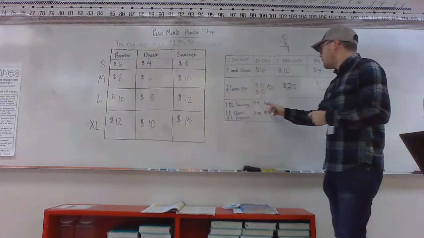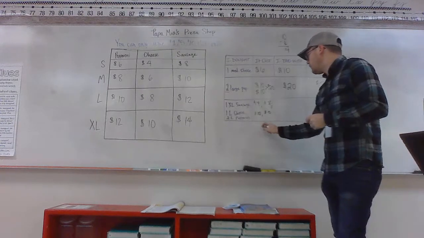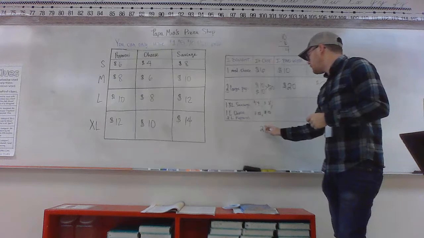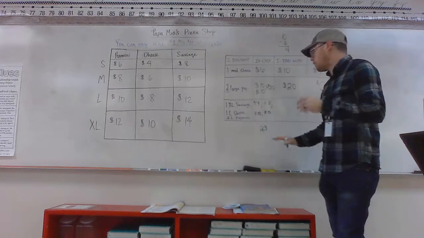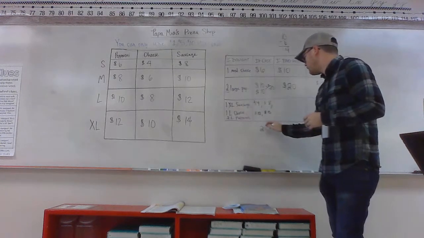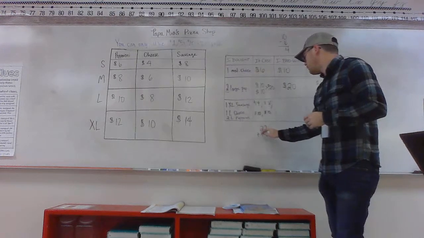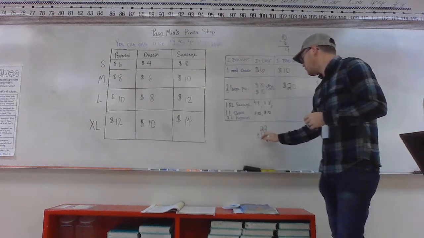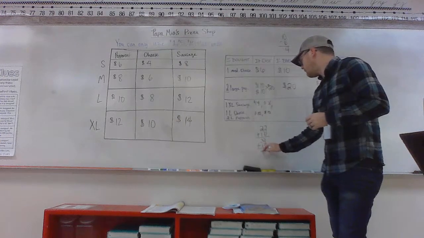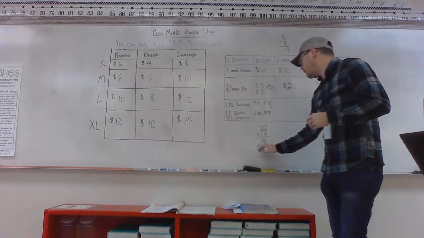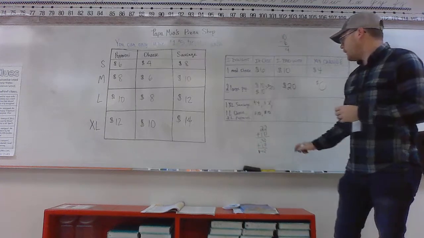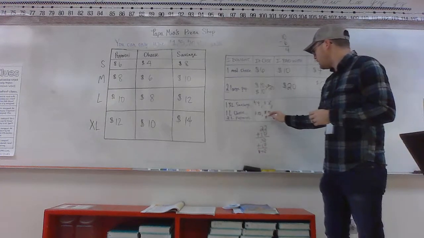So 14 and 8 is 22, plus 10 is 32, plus another 10, 42. So $42 would come in here.